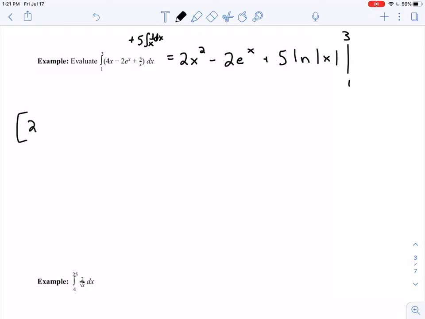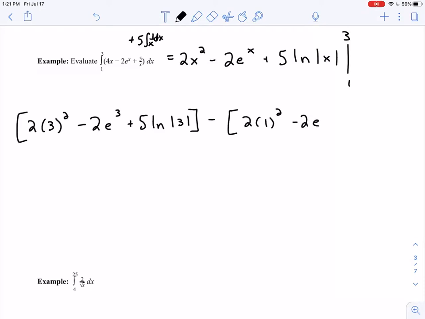So let's see, 2 times 3 squared minus 2e to the third power plus 5 natural log absolute value of 3, minus 2 times 1 squared minus 2e to the first power plus 5 natural log absolute value of 1.